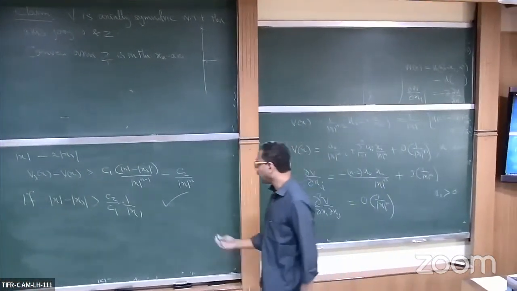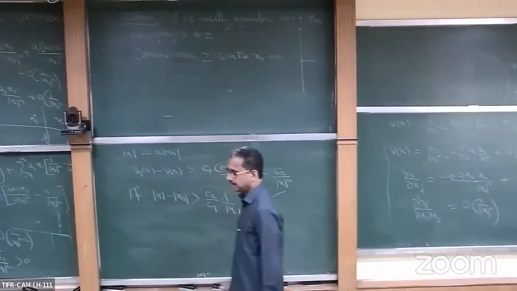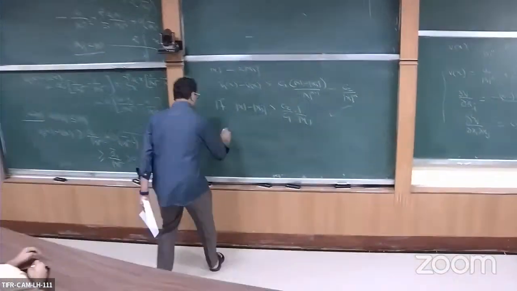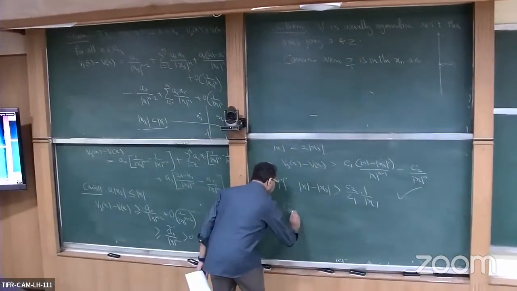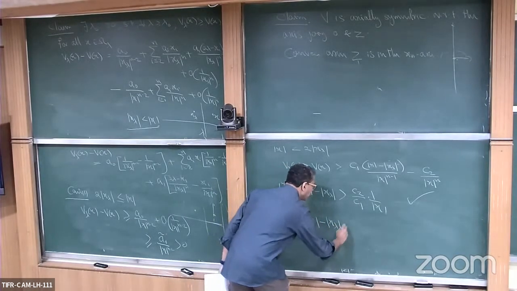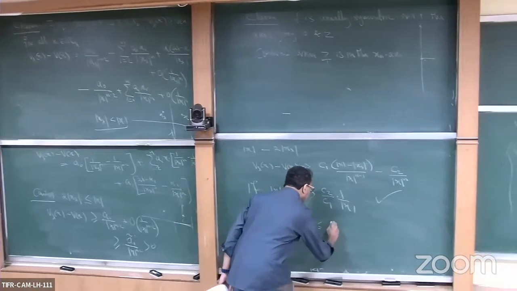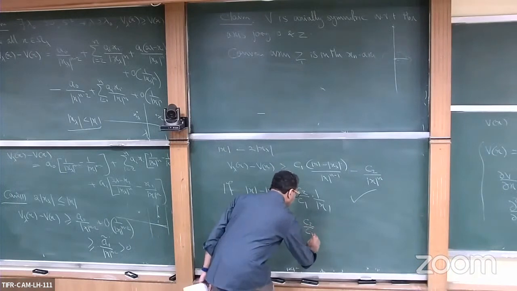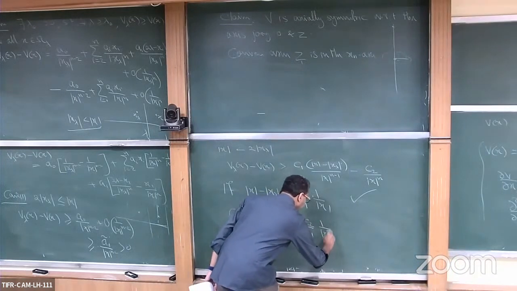Right? So we only have to consider the opposite. So let's consider this case, mod x minus mod x lambda, which is less than or equal to C2 by C1 1 by.